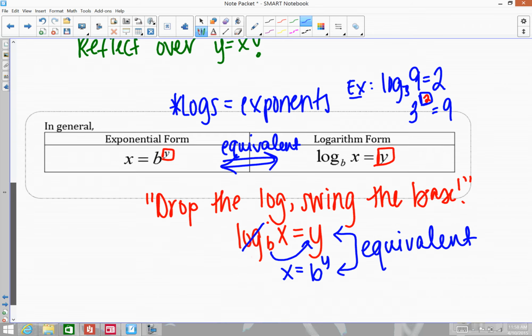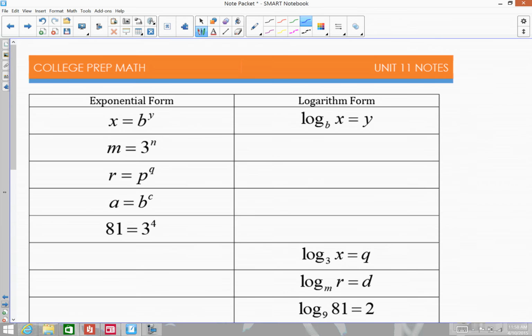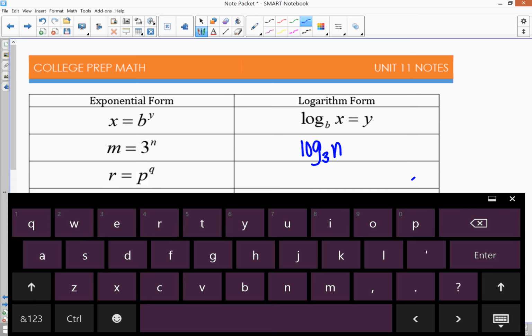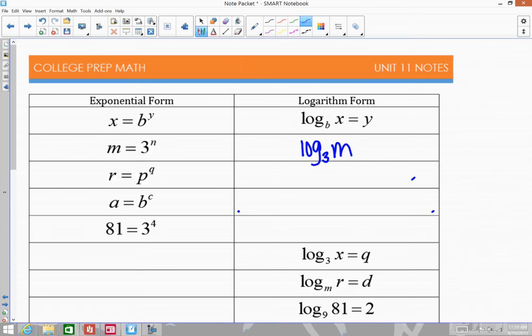So let's look at some examples for switching back and forth. So here's basically our formula for the top row, but then when you get to the second row here, we're given this in exponential form and we want to switch it over to log form. So I'm going to have log, the base is going to be the same as the base of the exponent. So we have 3, what I'm taking the log of, and then the log always equals the exponent.